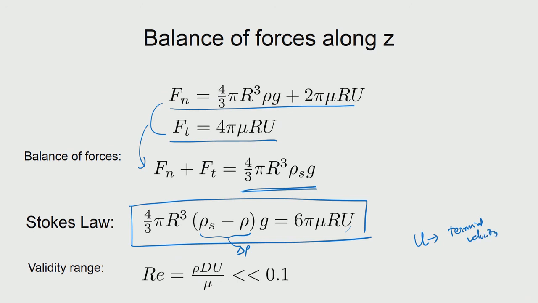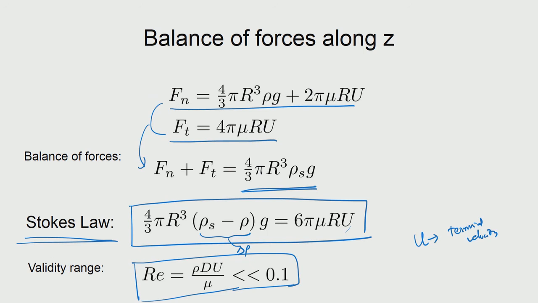Okay, so if this balance does not happen, then of course you still are able to work with the fluid flow variations, but it is just that this flow pattern has not stabilized and you still have the solid body accelerating, etc. And this is also given a name, the Stokes law. So Stokes law is actually then valid only for creeping regime, which means that the Reynolds number has to be very small.